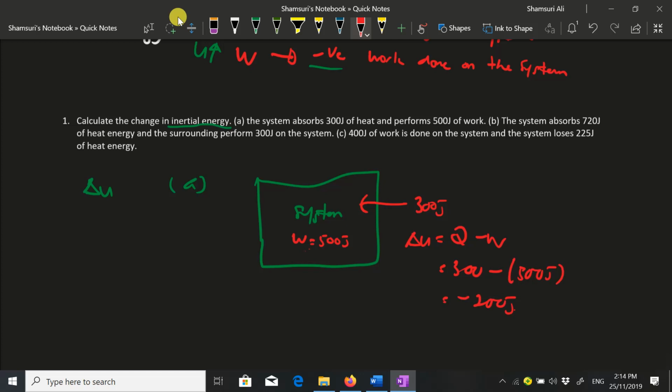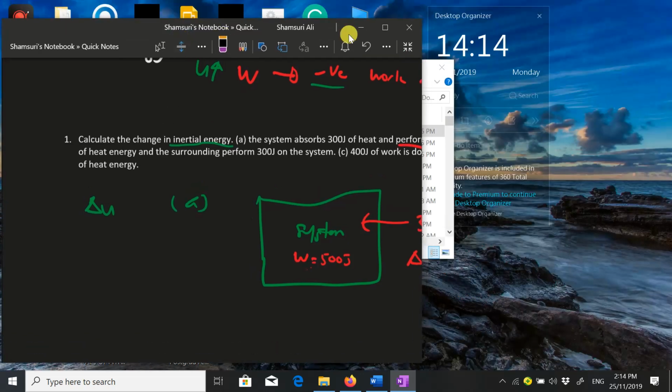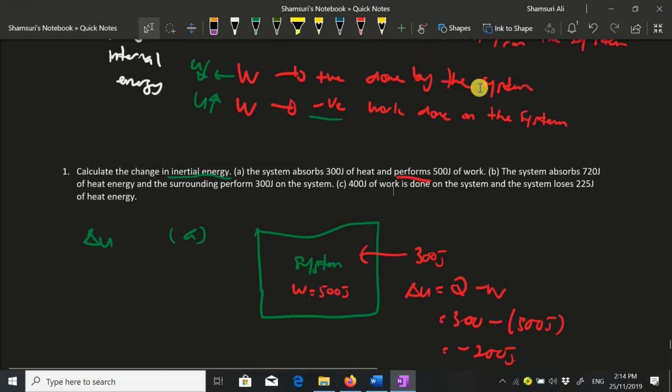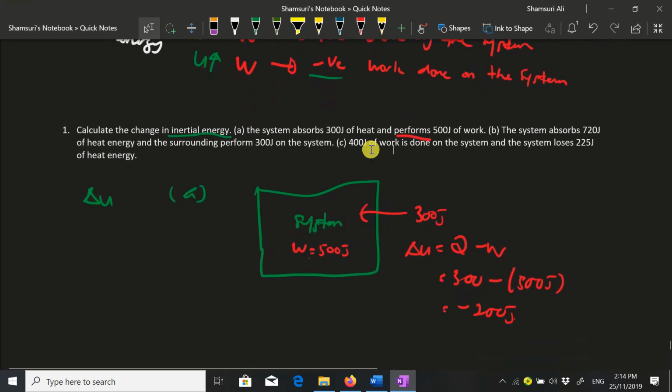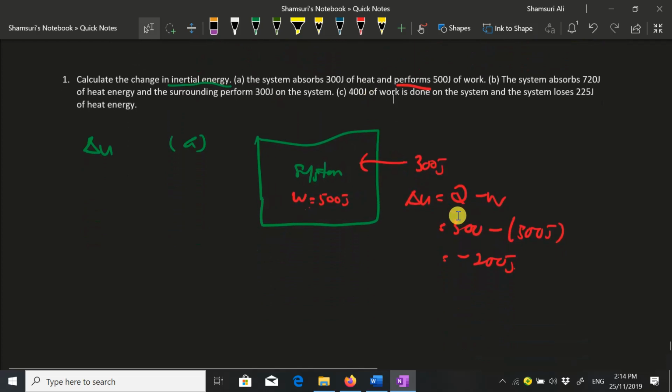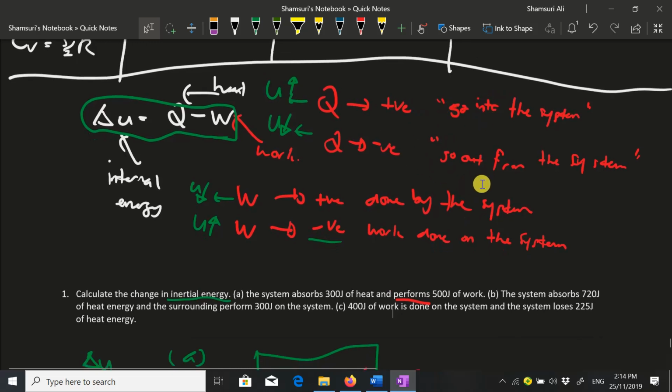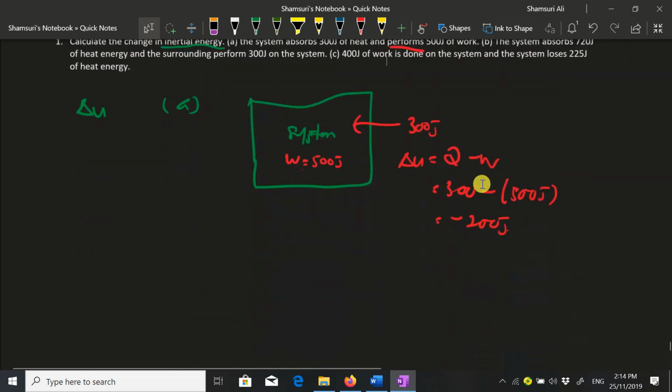So the perform here is work done by the system, which is positive, because if you can see here, done by the system is positive, and positive goes into the system and absorbed out from the system is negative.